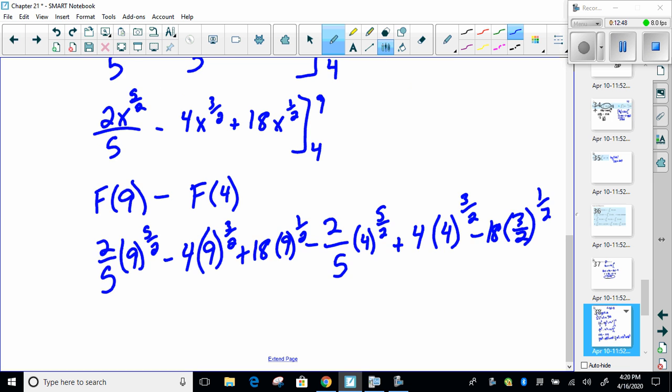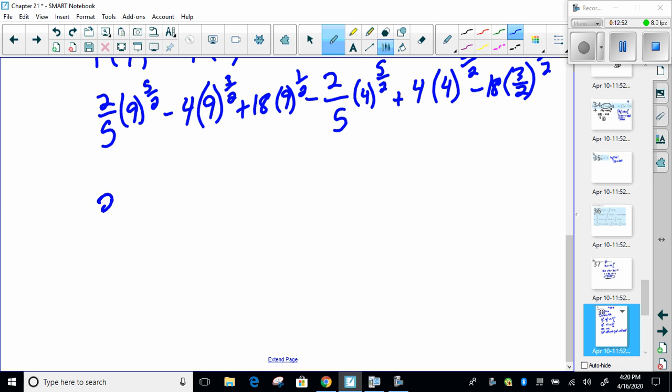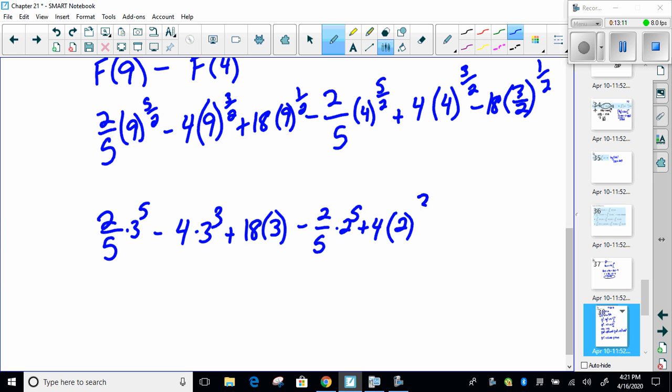Now it's just the math behind it that takes a little bit longer. It's not the calculus. So 2/5 times 3 to the 5th minus 4 times 3 cubed plus 18 times 3 minus 2/5 times 2 to the 5th plus 4 times 2 to the 3rd minus 18.